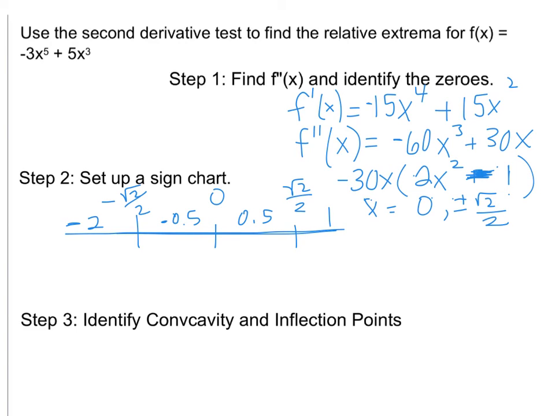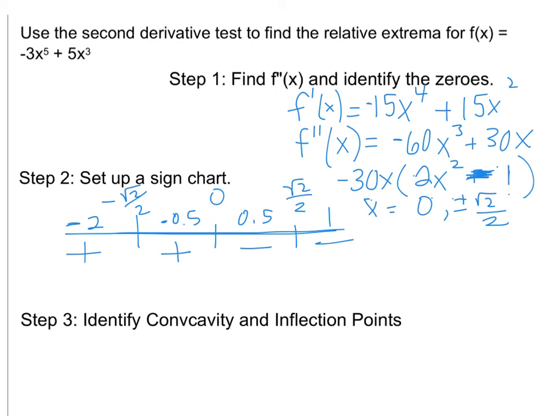So if I put a negative 2 back in here, negative times a negative is positive, so that's going to be positive. And then if I put in negative 0.5, that's going to be a positive, but still going to be big, so this is also positive. If I put in a 0.5, then that's going to be negative. And if I put in a 1, that's also going to be negative.